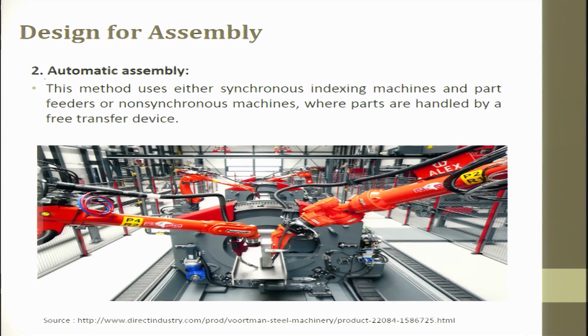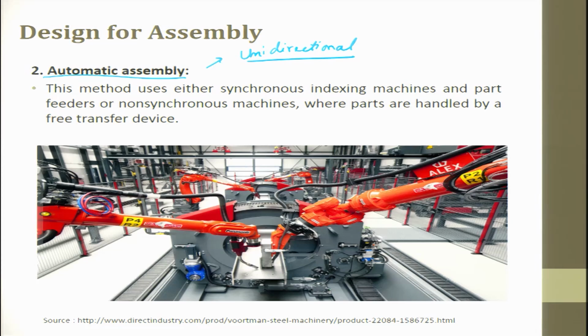This is a complete automatic assembly line. If you see a complete automatic assembly line, the first thing they follow is unidirectional assembly. That means the part will be locked at the bottom end and all the rest of the parts which are to be assembled are added only in one direction from the top.